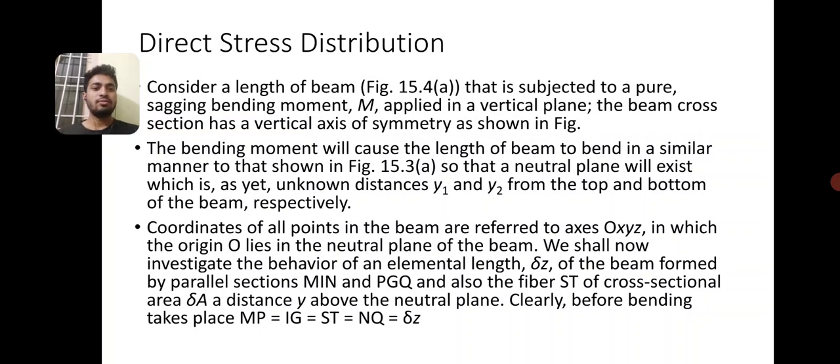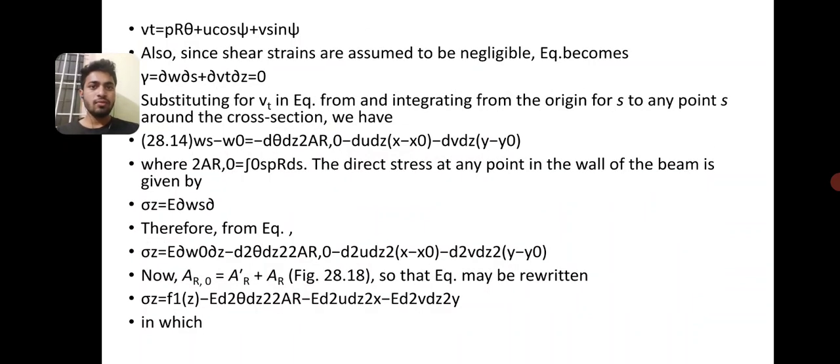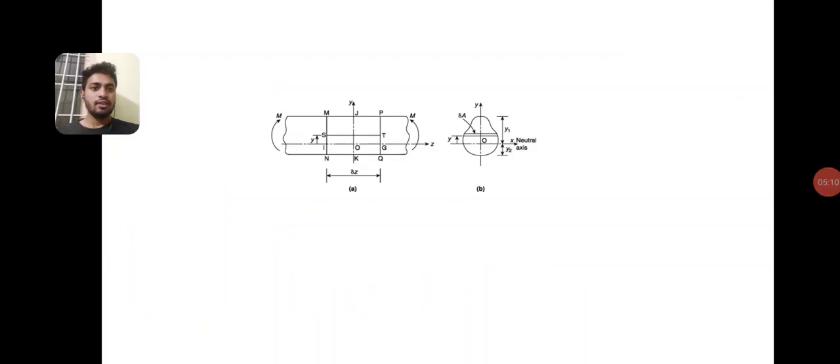Clearly, before bending takes place, MP is equal to IG is equal to ST is equal to NQ is equal to delta Z. Also, since the shear strains are assumed to be negligible, this becomes substituted. In this equation, we are showing the various equations. In this diagram, they are showing the direct stress distribution of an open cross section.